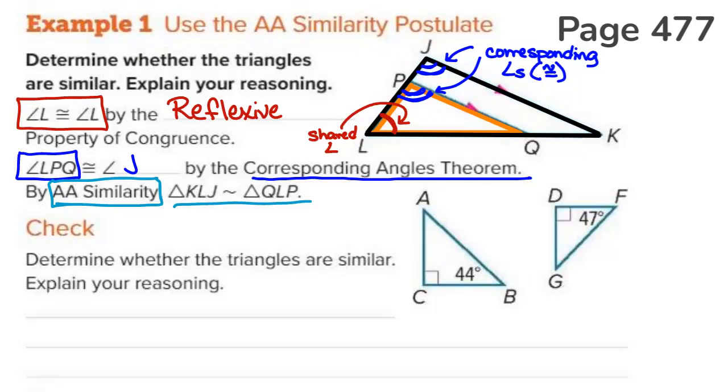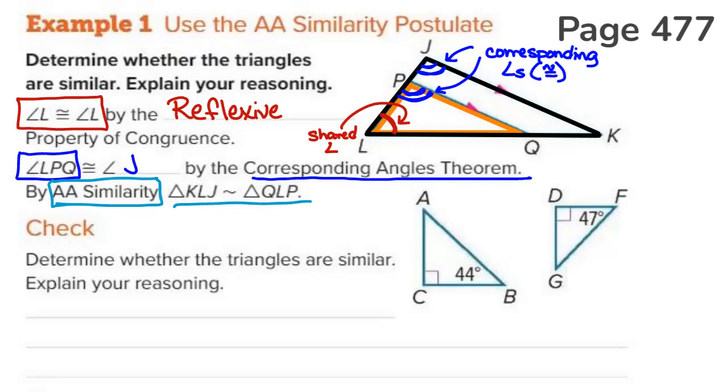I want to do the check down at the bottom. Do we have side lengths for either of these triangles? No. If there are no side lengths, then the only kind of similarity I can look for is angle-angle similarity. Do these two triangles have any angles that are the same size?